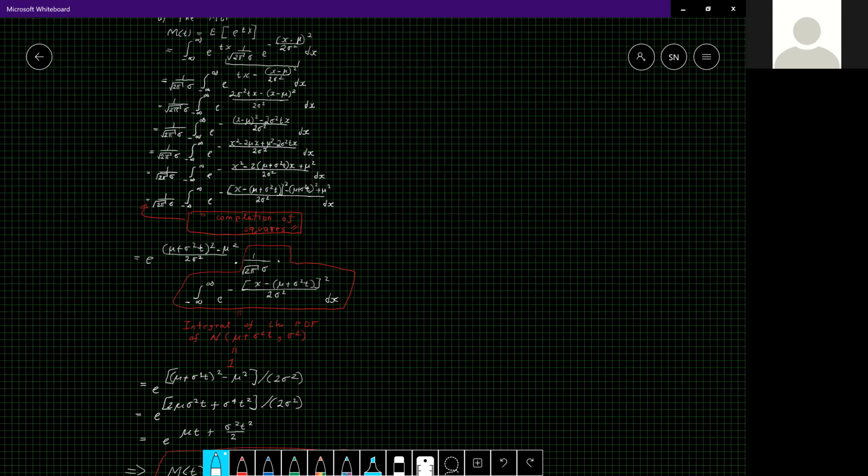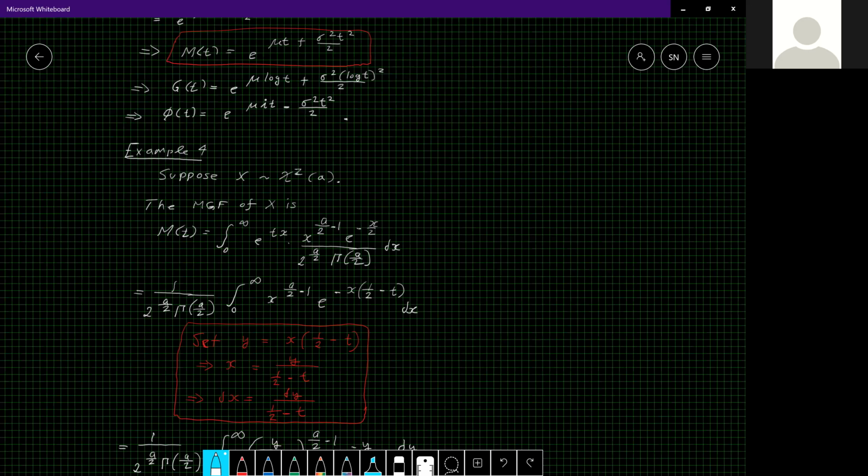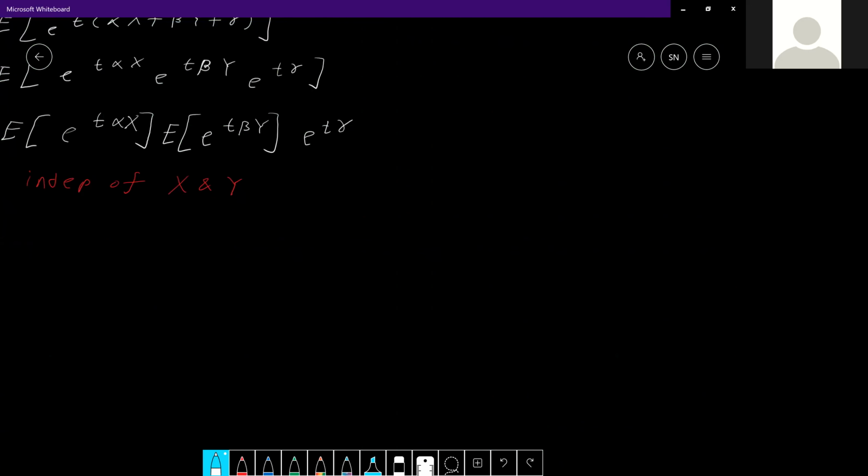In example 3, I showed that the MGF of a normal variable is e to the mu t plus sigma squared t squared divided by 2. Now I'm going to use that result over here.